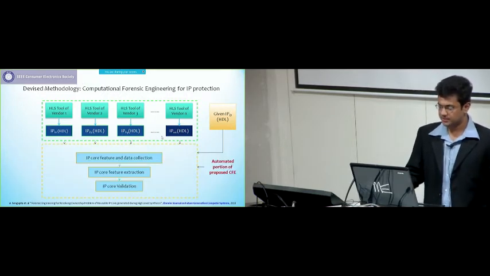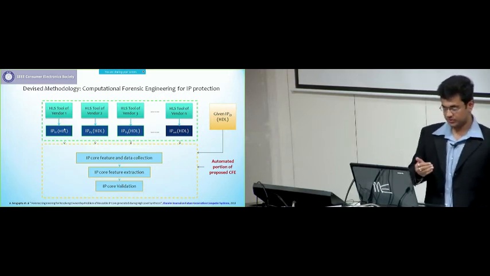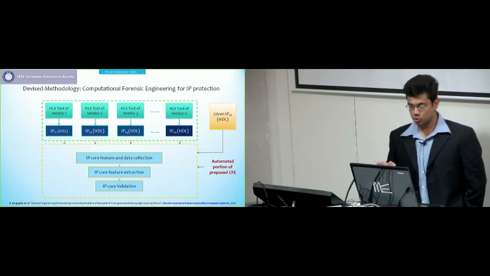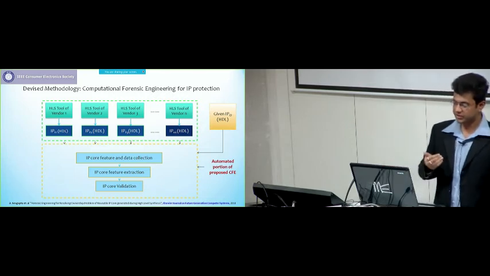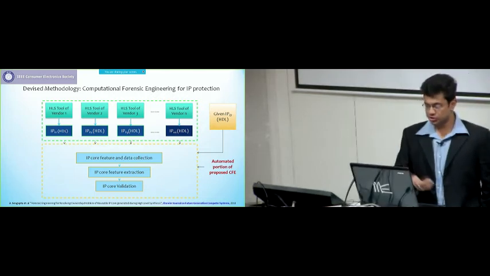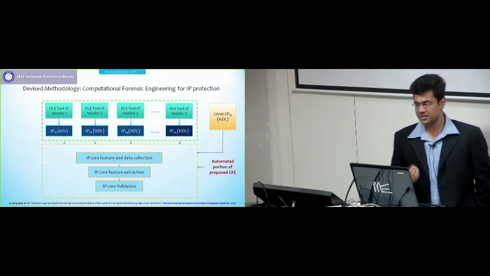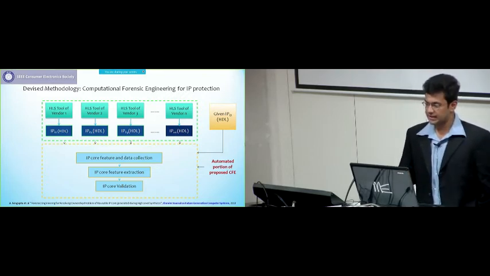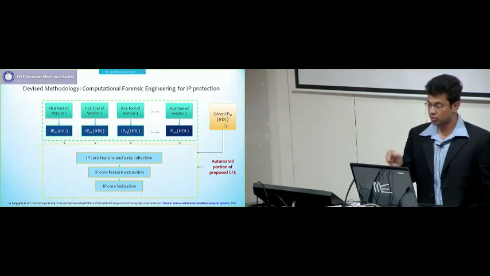So, as I just said, for each of these IP cores we first have the HLS tool vendors available, which will be used to generate the corresponding HDL designs, and then we also have the given IPID HDL whose owner has to be identified.